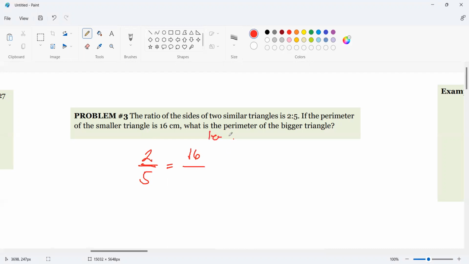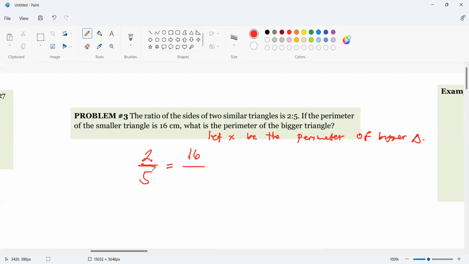We let X be the perimeter of the bigger triangle. So again, nasa inyong NCM na ang ratio sa sides of two similar triangles is equal daw sa ratio sa ilahang perimeter.